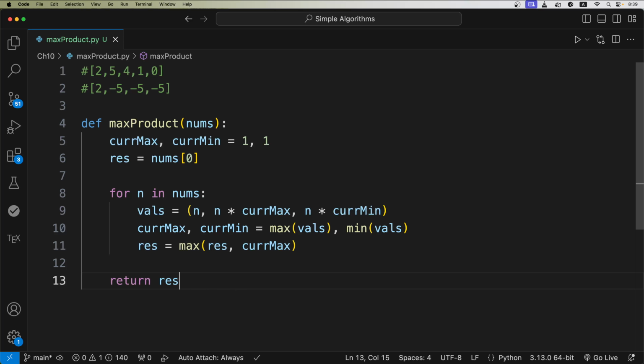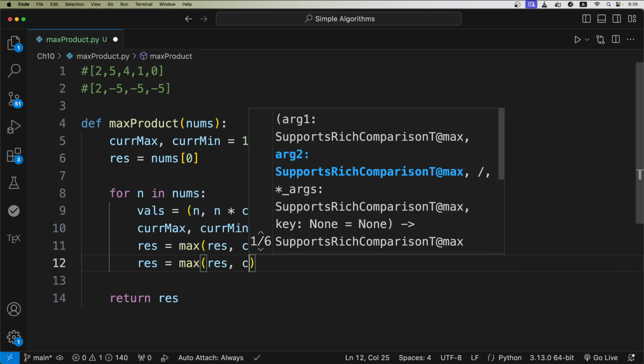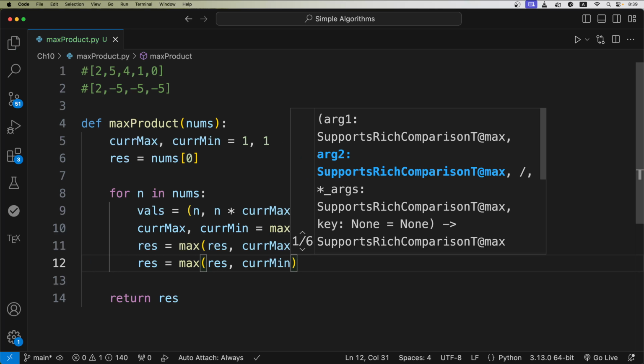So you can see generally how this process is going to work for us, right? We're just going to generally compare each of these different values to each other and determine which ones are going to give us the proper maximum. And as I'm looking through this code, I'm sort of realizing, okay, so we take the max of the res and the current max, but actually we should also take the max of the res and the current min, right?